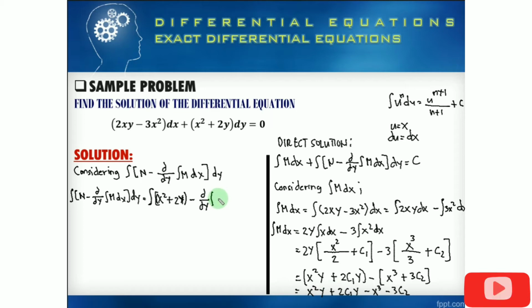This is x squared y plus 2 c3 times y, minus x cubed, and minus 3 c4, and this is the integral of m dx, in brackets, and this is dy.